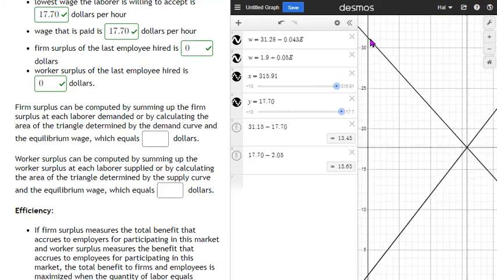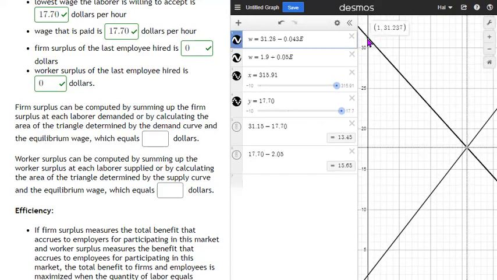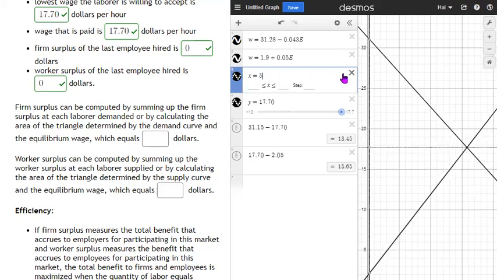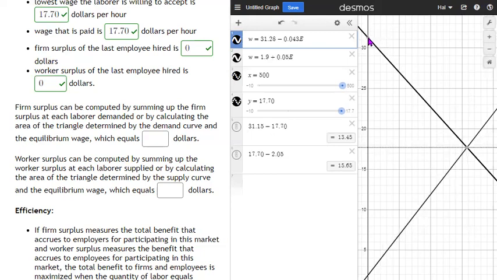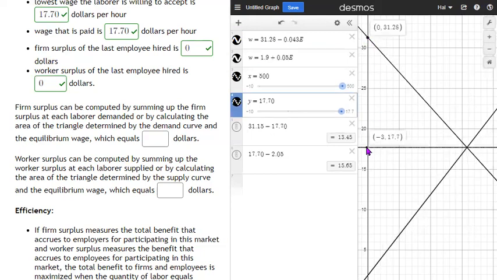So firm surplus is the area of this triangle made by these three dots.